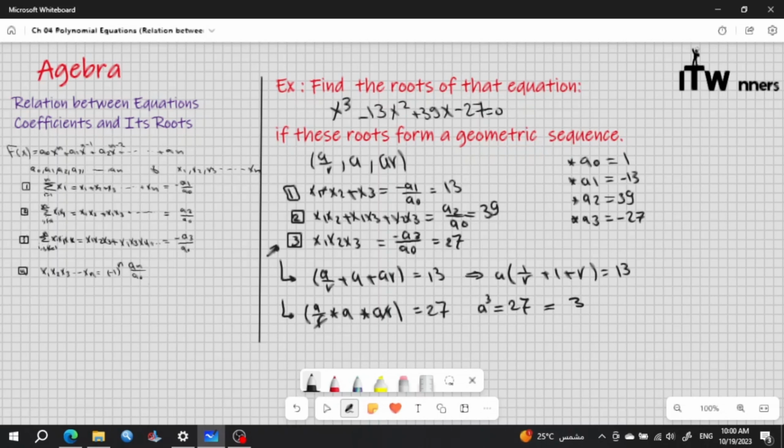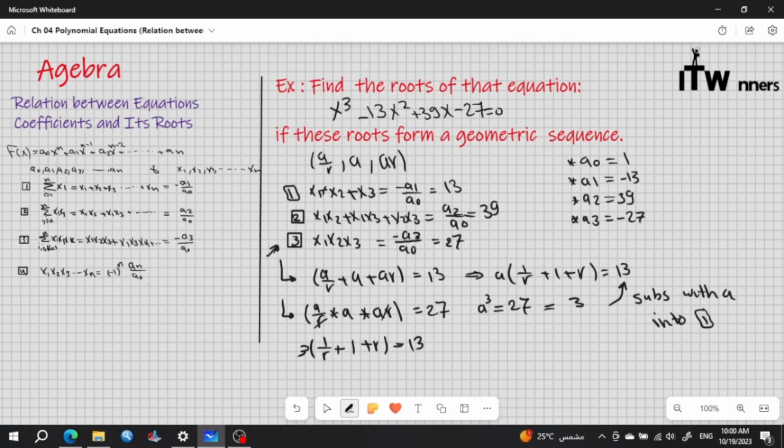Okay, just substitute into the first relation: 3(1/r + 1 + r) equal to 13. Just we have to multiply by r.